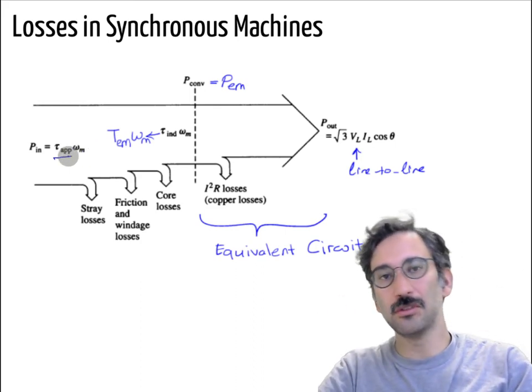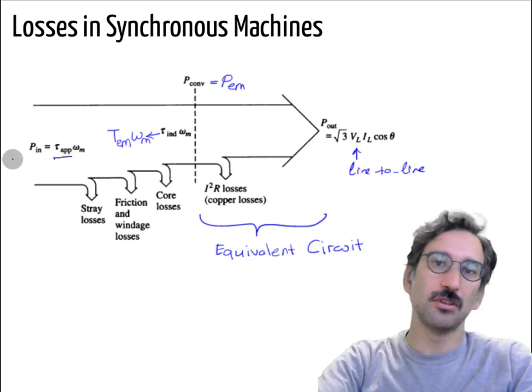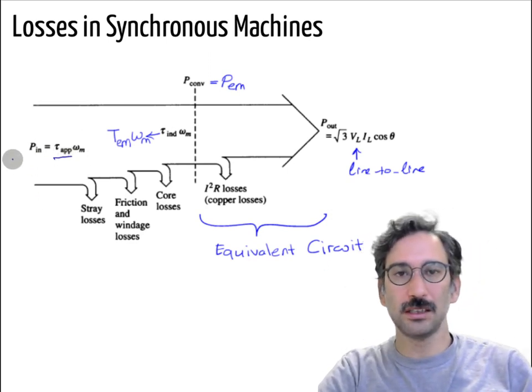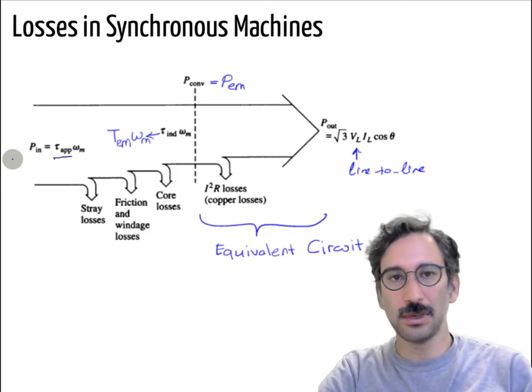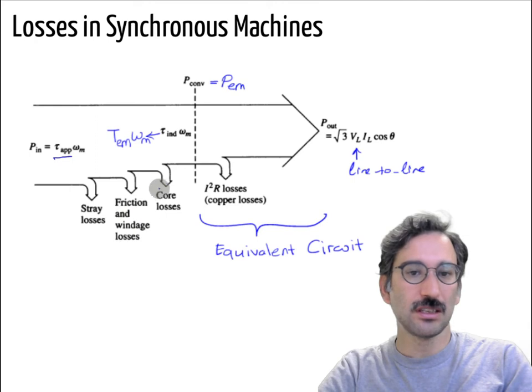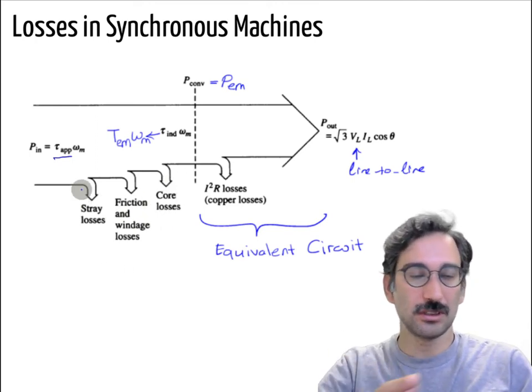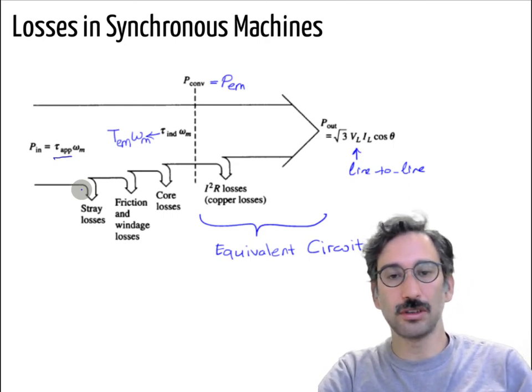It can be, I don't know, a hydroelectric power plant, so that is the amount of power produced by the water hitting the turbines. But on top of that, you can have some friction and windage losses, or some core losses. You can have other stray losses with the enclosure or that kind of thing.